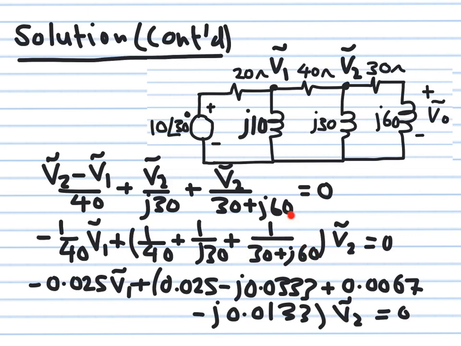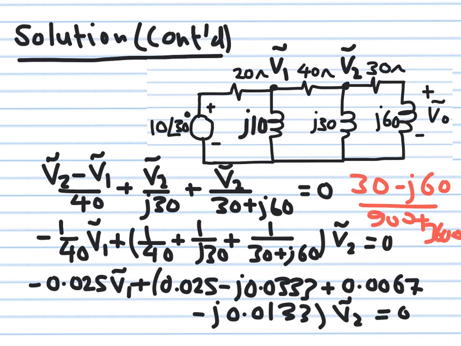This becomes 30 minus j60 divided by the modulus squared, so it becomes 30 minus j60 divided by 900 plus 3600. Okay, so you divide each term here, divide 30 by this number, which is 4500, divide 60 by this number, which is 4500, you end up with this complex number, 0.0067 minus j0.0133.